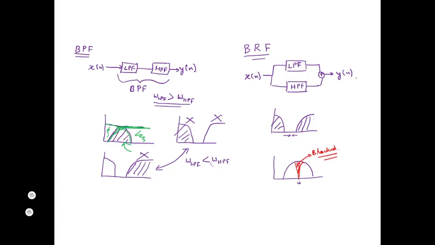On the other hand, if it does not meet the criteria I mentioned in the previous slide, what will happen? The low pass filter will look like this. It has already rejected the high pass filter components, so when you apply this low pass filter, these are already rejected.